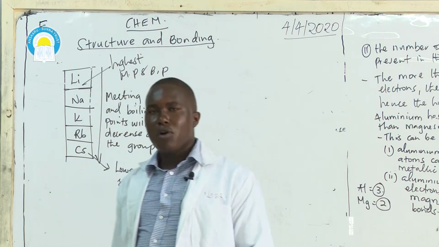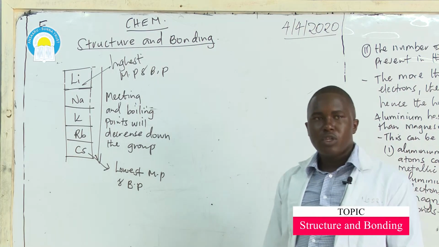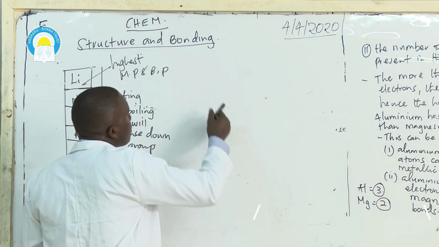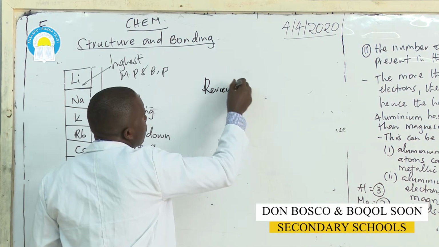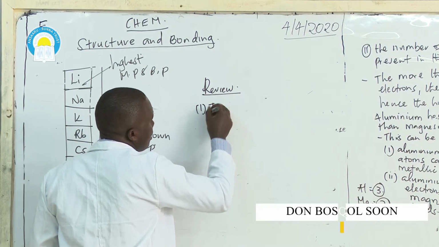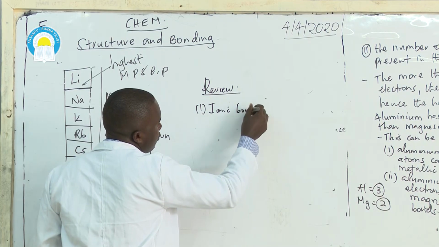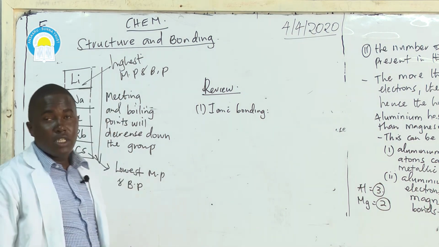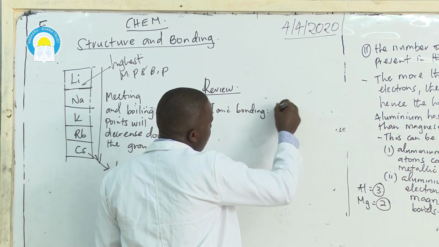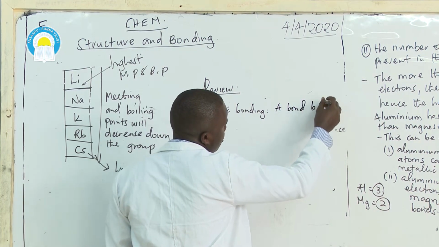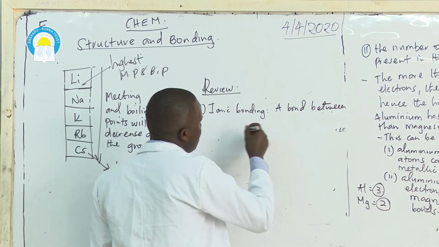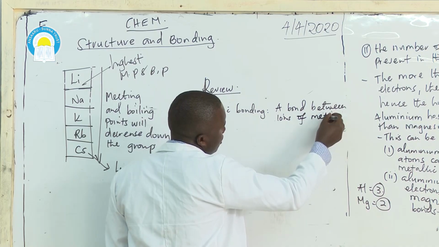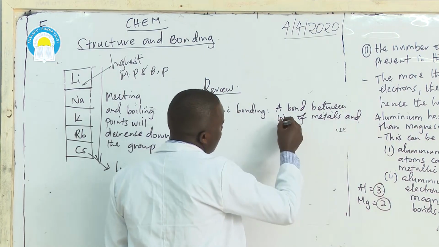So that's all about the bonding that you are to capture in Form 2. We have looked at ionic bonding. We'll do just a review. We have looked at ionic bonding, and we have said this one is a bond between metals and nonmetals. So a bond between ions of metals and nonmetals.